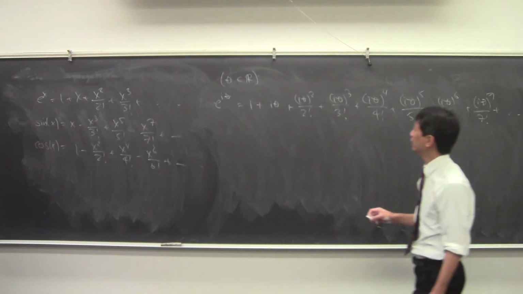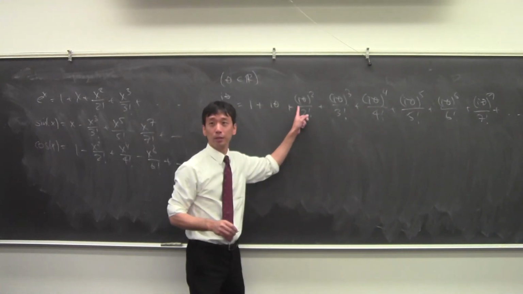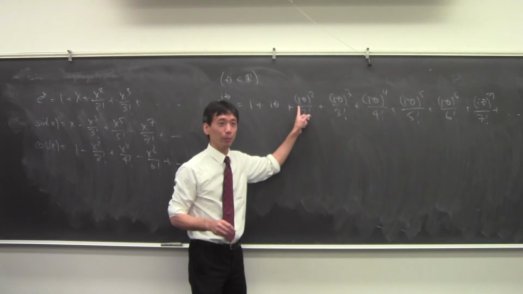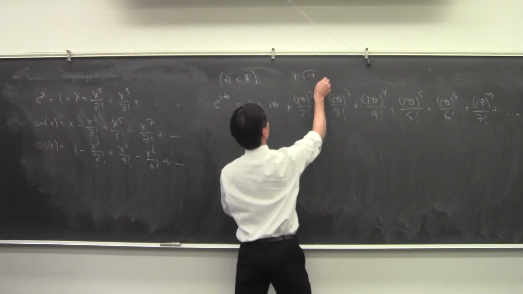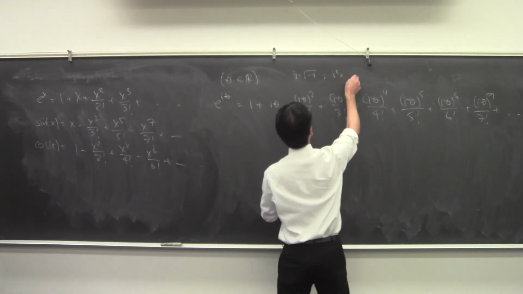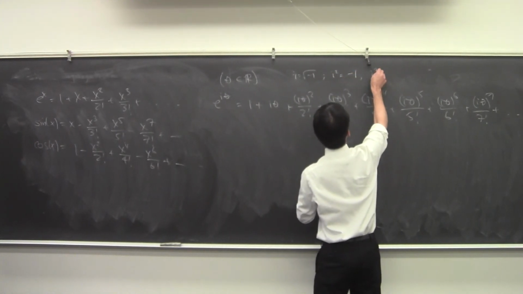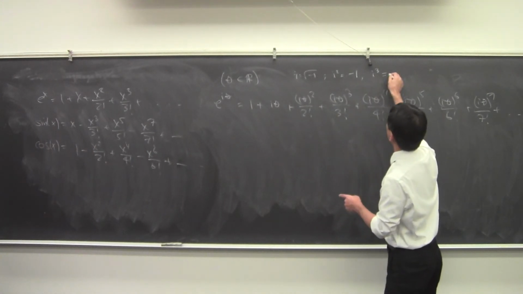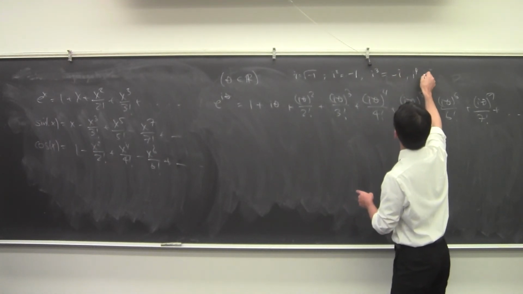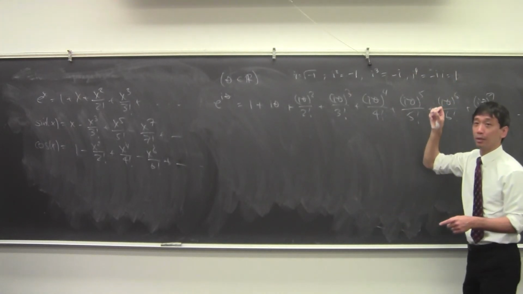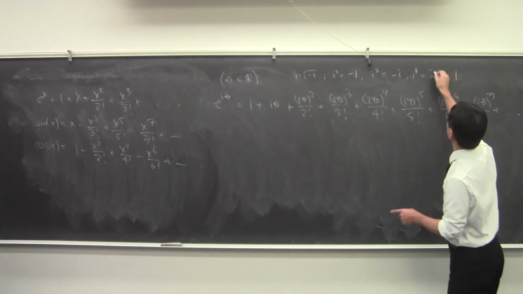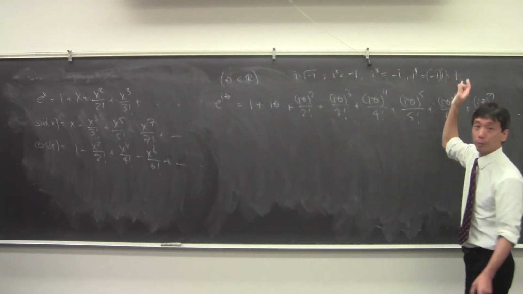But what's i squared? For those of you who know complex numbers, i is the square root of negative 1, so i squared is negative 1. i cubed would be negative 1 times i, which is negative i. i to the 4th would be negative i times i, but that's 1 again. And then it starts repeating.